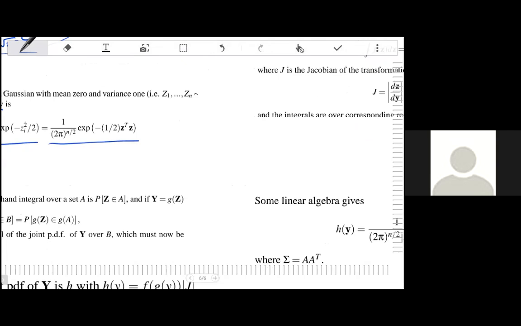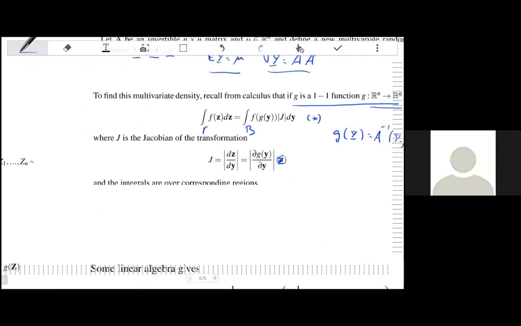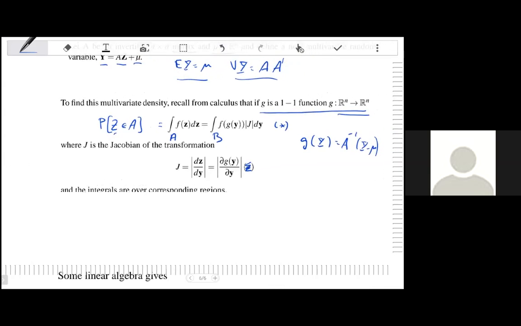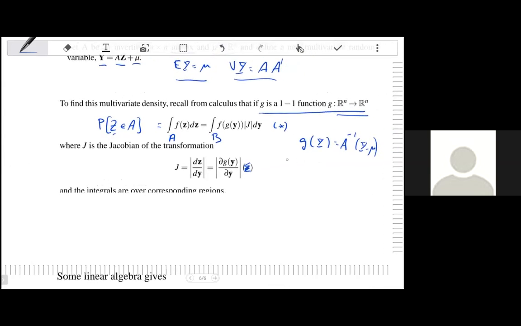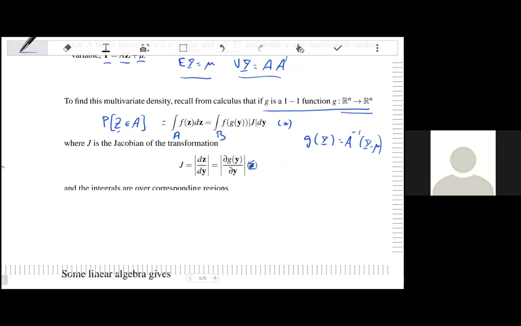And so let's look at this left-hand side here. If this is an integral over some set A, and I'm sorry about the double notation here, then this will be the probability that Z is in the set A. This vector random variable Z is in A. Now we know that Z is a function of y, and Z is just g of y.